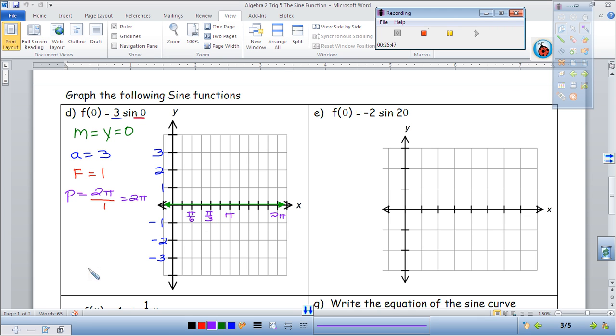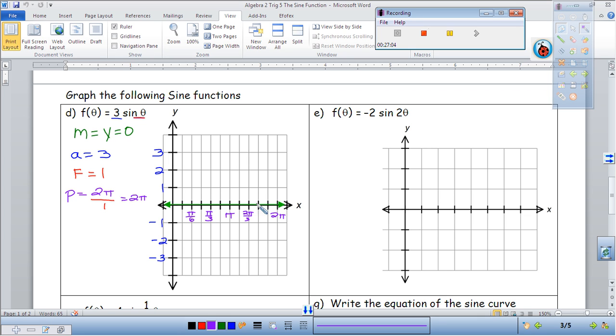Okay, we're going to count basically by pi over 6 then. And here's pi. Let's look at our unit circle. Makes it a little easier to identify.